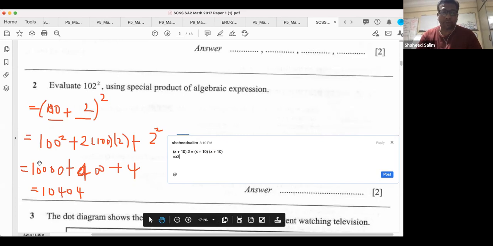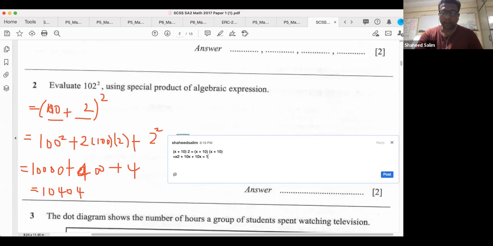Do you realize the first one is the first square? Then plus x times 10, 10x. Then the next one, 10 times x, 10x. And then the last one is 10 times 10, 100. Can you see now? 10 times 10 is 10 squared.